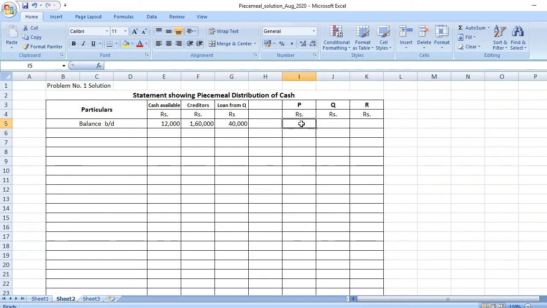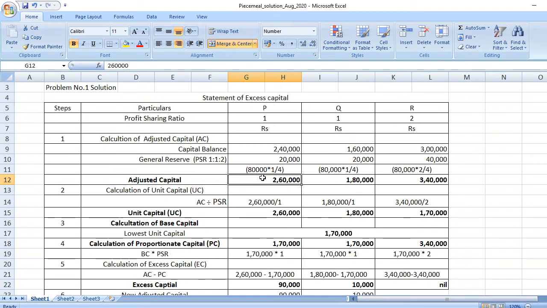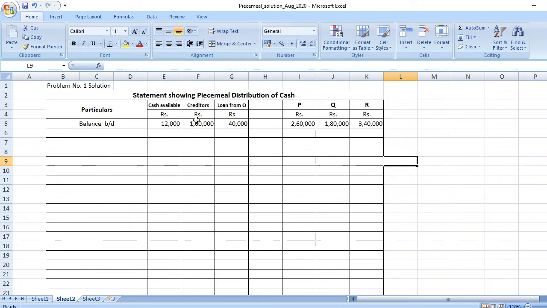So P's adjusted capital is 2,60,000, Q's adjusted capital is 1,80,000, and R's adjusted capital is 3,40,000. Keep these things in mind while preparing our statement showing piecemeal distribution of the cash.